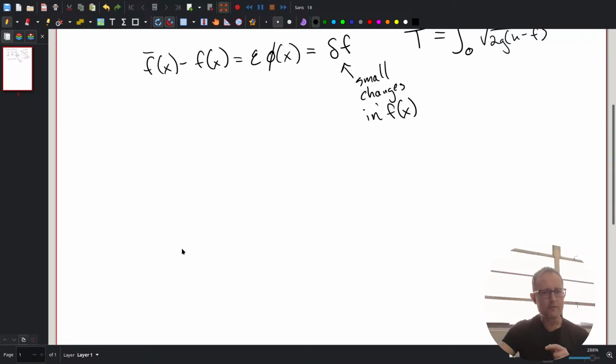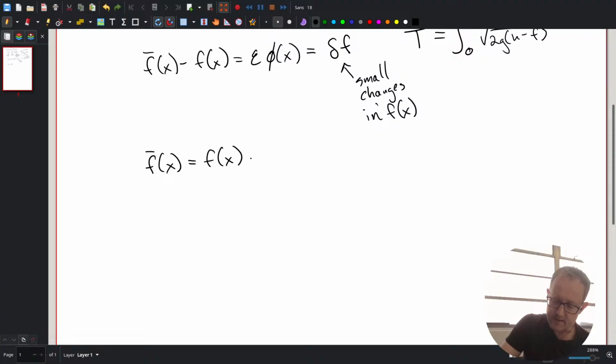And again, we're dealing with functions of functions, which are called functionals. So this f bar of x is now some f of x plus that delta f.